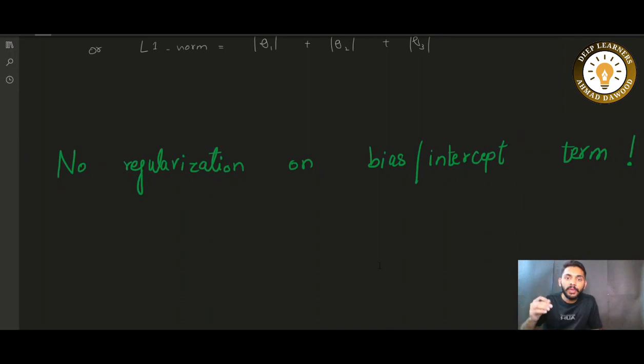The reason is that no matter how large the equation of the model is, we have multiple coefficients, but our intercept is always just one. The intercept just shifts the model in some direction. But when we increase the number of coefficients, we are actually increasing the dimension of our model. So there is no need to do regularization on the intercept because the intercept doesn't make the model complex. The number of coefficients makes the model complex, so we just do regularization on the coefficients.